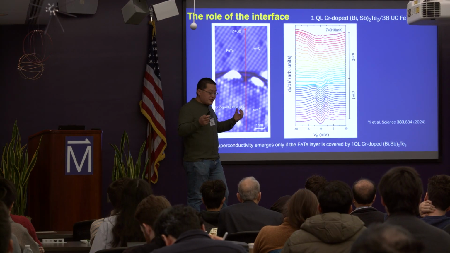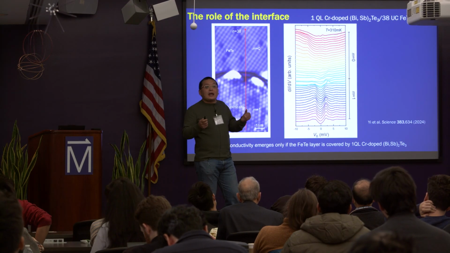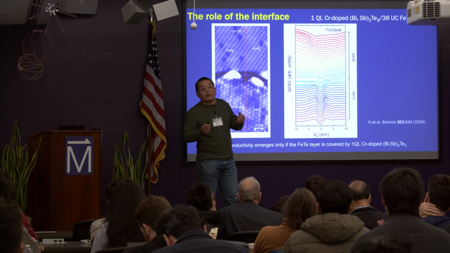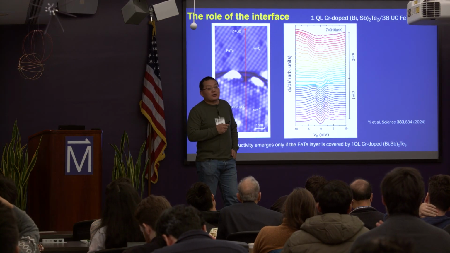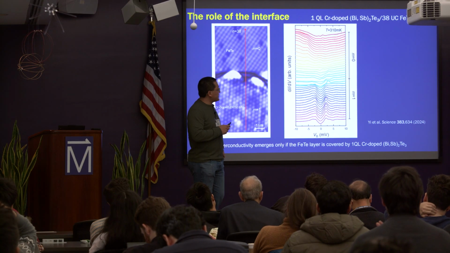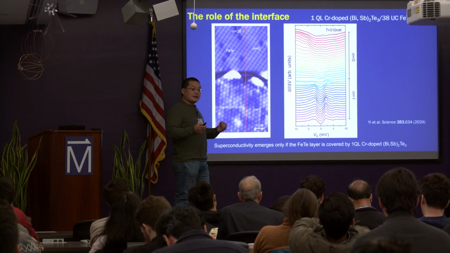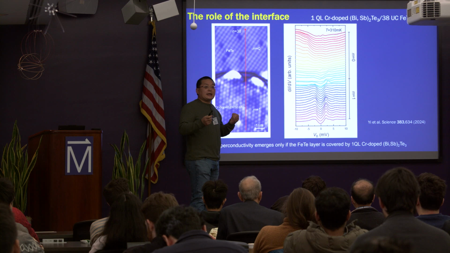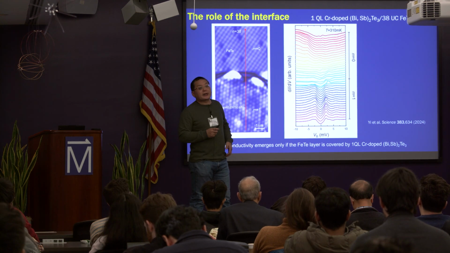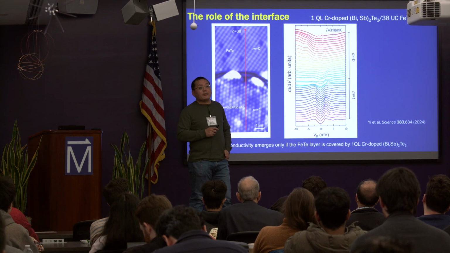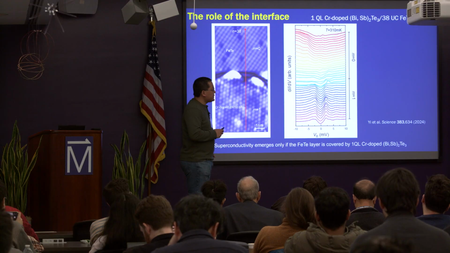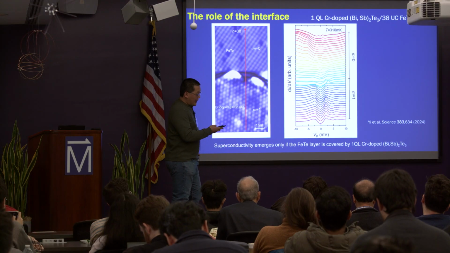That means the superconductivity only appears on top of the 1 quintuple layer chromium-doped bismuth antimony telluride. So this data demonstrates what we call interface-induced superconductivity in the chromium-doped bismuth antimony telluride and iron telluride heterostructures.